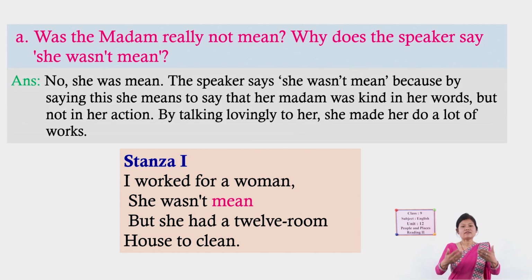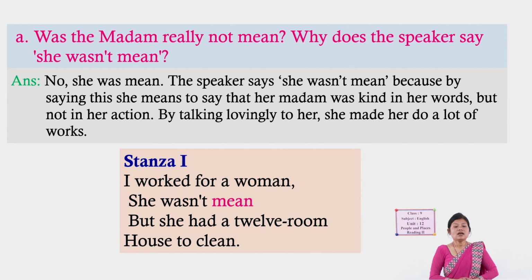You also try to write the answers on your own effort. Okay, this is just an example. So, no, she was really mean. Okay, so first question's answer is this. No, she was really a mean woman, she was selfish.